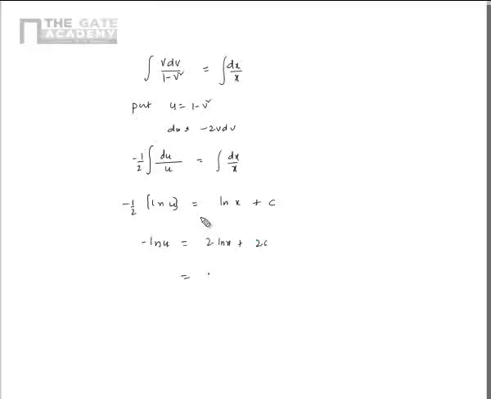You can write this as ln x square because you have a general property, 2 into ln x. And the entire constant I can replace with ln of another constant, ln c1 let's say. So it becomes minus ln u equals ln x square plus ln c1.